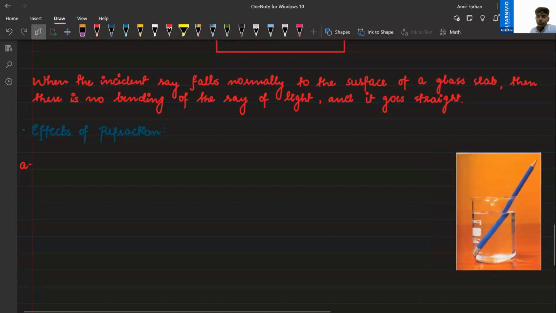The pencil is in the water, but at the boundary of air and water you can see the pencil is bending. Yes or no? It's not straight.